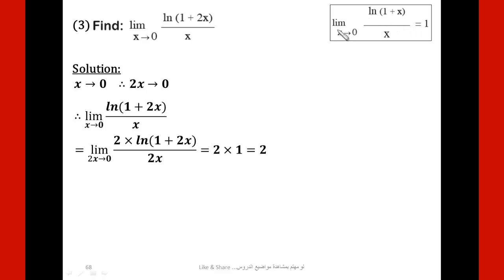If you have limit ln 1 plus 3x over 3x when 3x tends to 0, always equal 1. That's why we multiply here by 2 to be in the form of the rule. But when you multiply the denominator by 2, you must multiply the numerator also by 2. So the result equals 2 multiply 1, which equals 2.